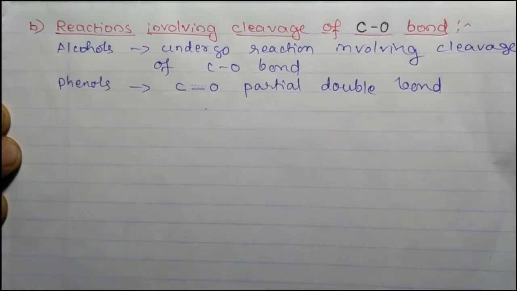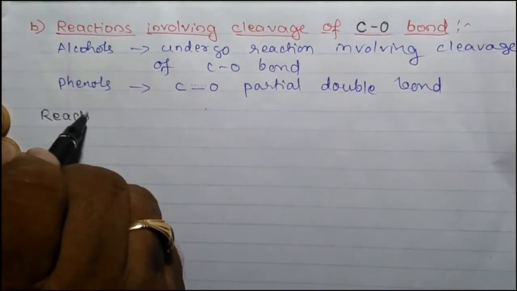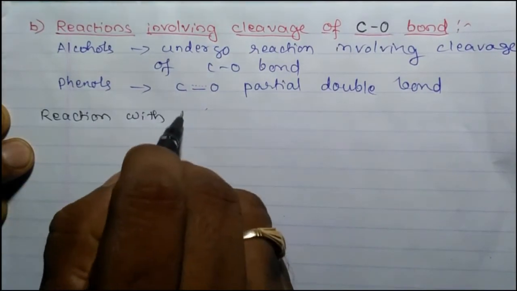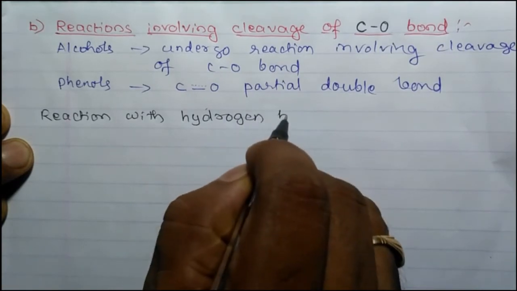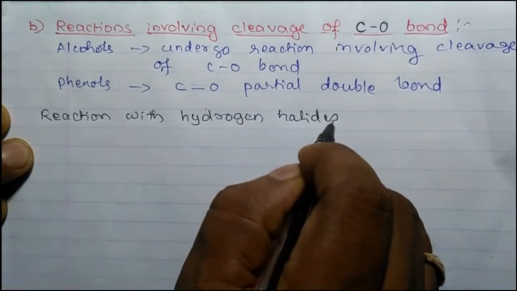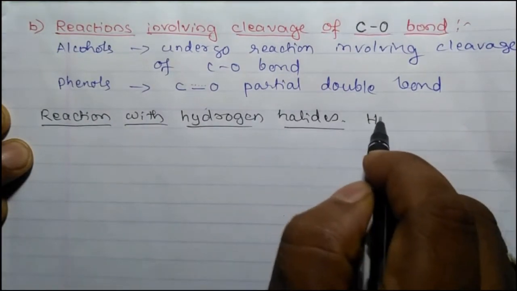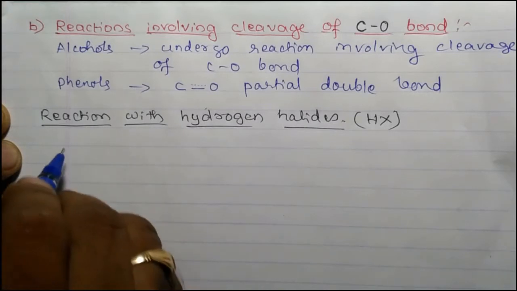Now let us see the reaction with hydrogen halides. Generally HX is a hydrogen halide. When alcohols react with hydrogen halides, alkyl halides are formed.